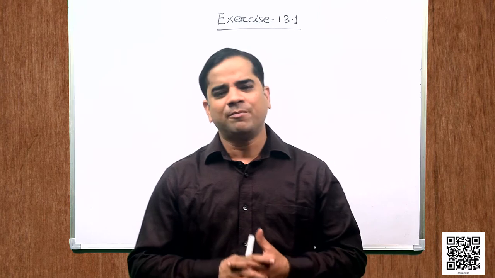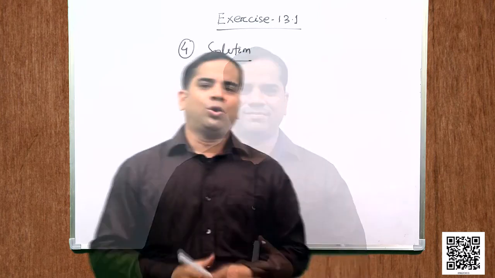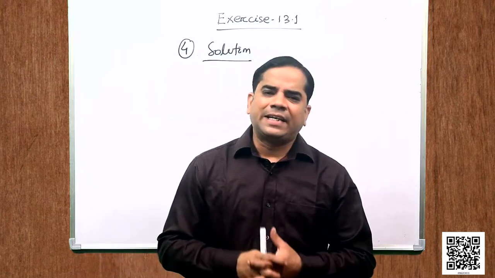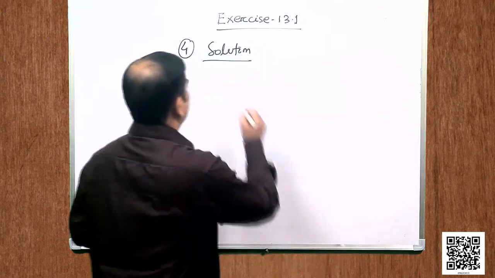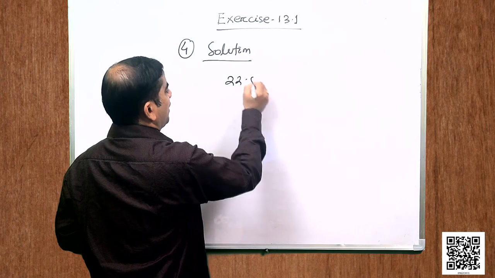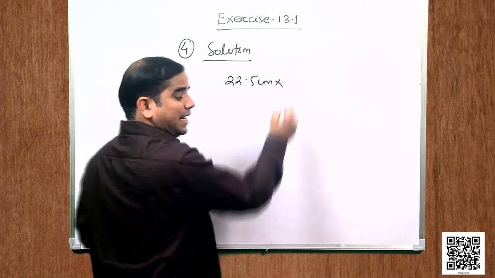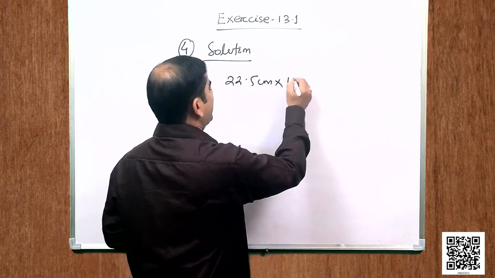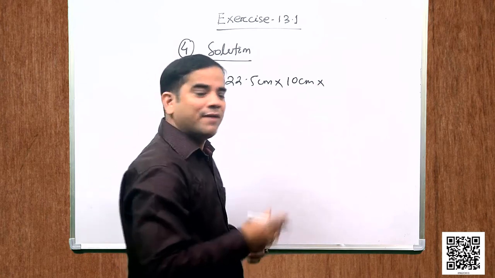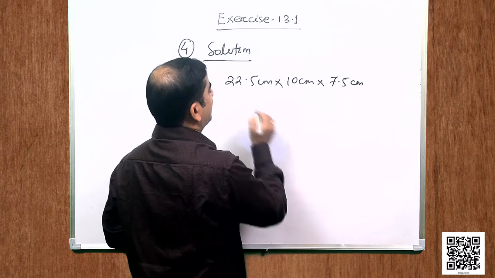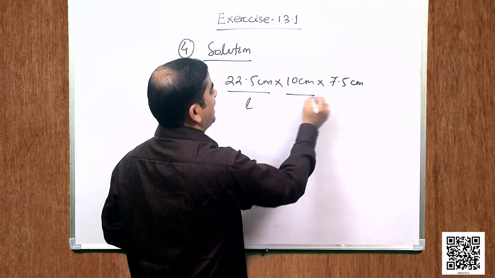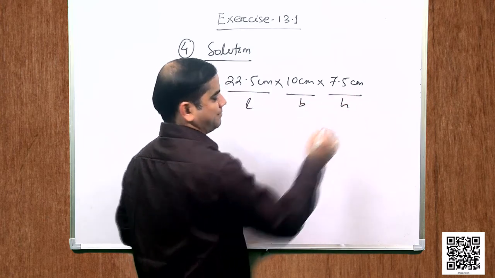So let us discuss the solution. The dimension of the brick is given, that is 22.5 centimeter into 10 centimeter into 7.5 centimeter. That means these are the length, breadth and height.